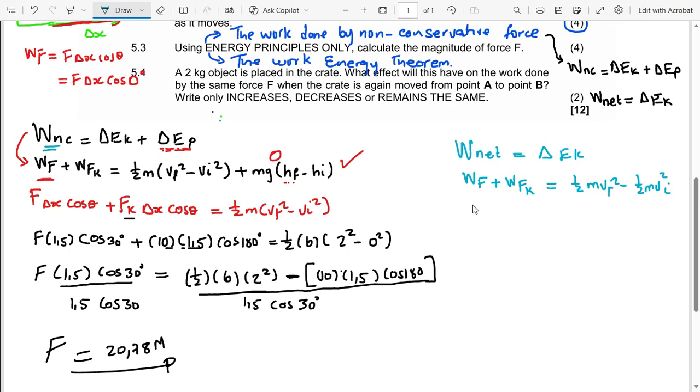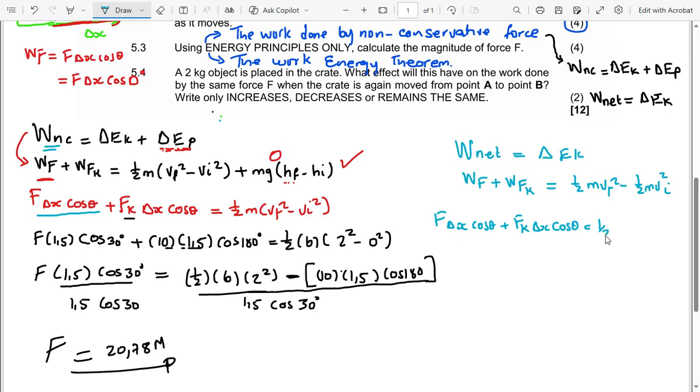Okay, so you can just say, remember, the work done by frictional force, this will be F delta X. Okay, let me just do this. This will be F delta X, the cos of theta. We're going to add this with Fk delta X, the cos of theta.